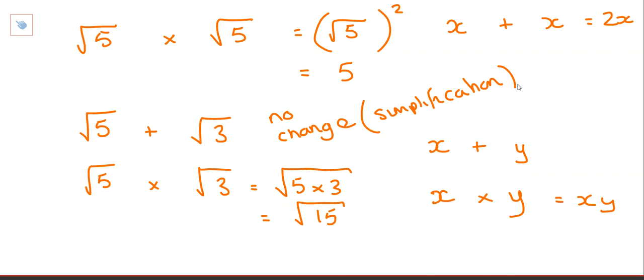So root 5 times root 5 equals root 5 squared, and it equals 5. It wouldn't make sense to write plus or minus 5 in this situation, but if someone just gave you root 5 squared, then you could write plus or minus 5?